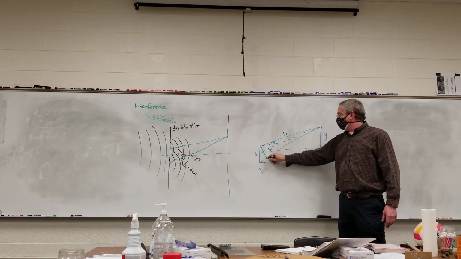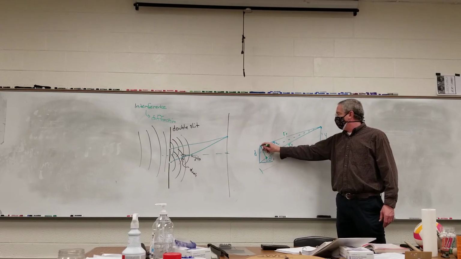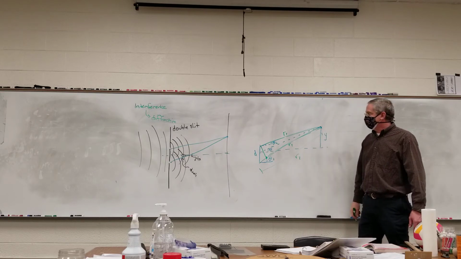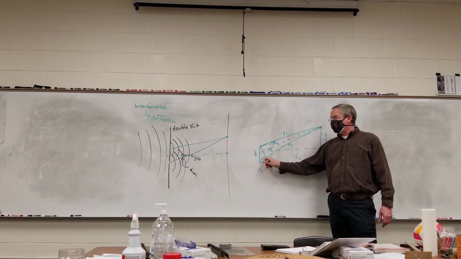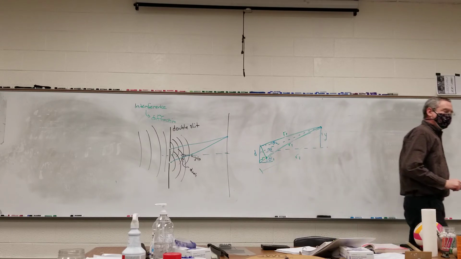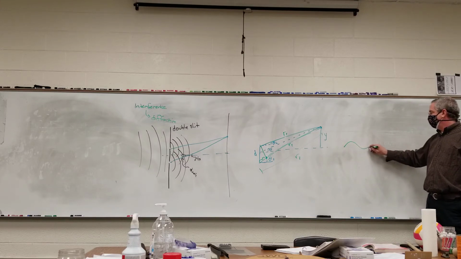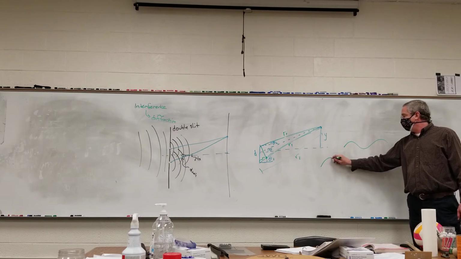But if this distance from here to here is r1, in other words, we have an isosceles triangle. The question is this difference in distance. If it's a full wavelength, they'll be in constructive interference. So like one wave doing this, and the other wave.